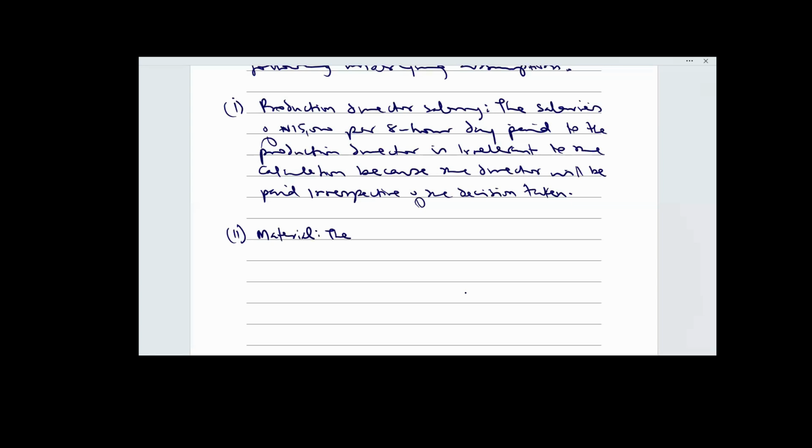I would then say the historical cost of material A of 120 naira per square meter is a sunk cost and therefore irrelevant.